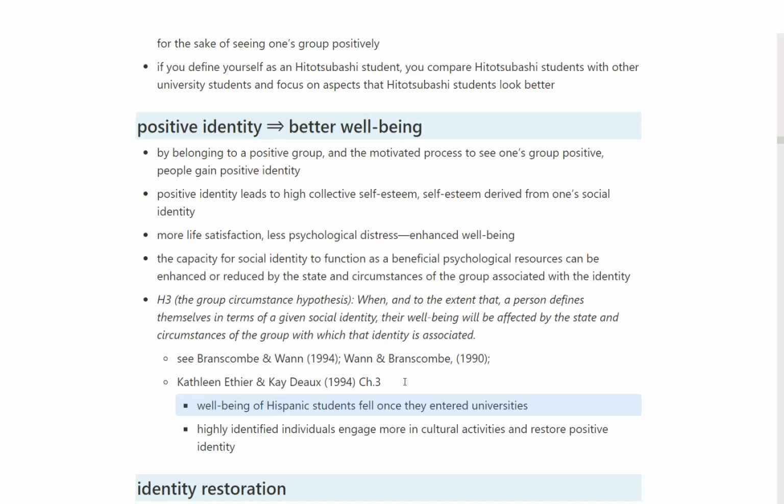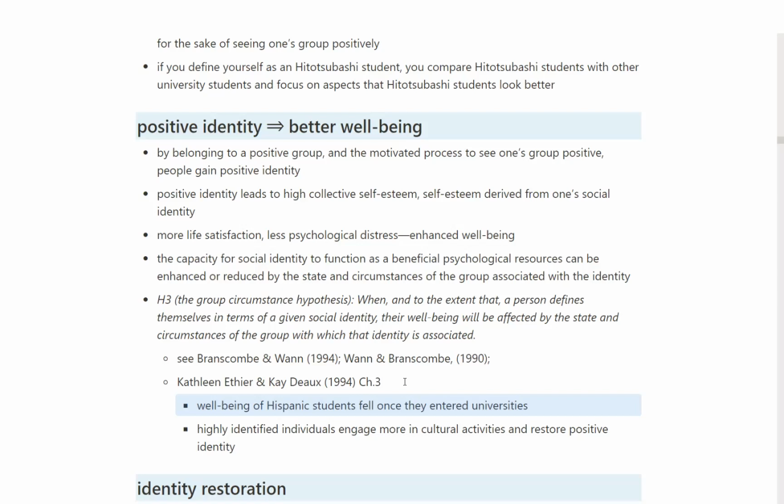Because of such a devalued identity in American universities, Hispanic students would feel lower well-being. They found that their identity is not seen as so positive, and that would lead to lower well-being.